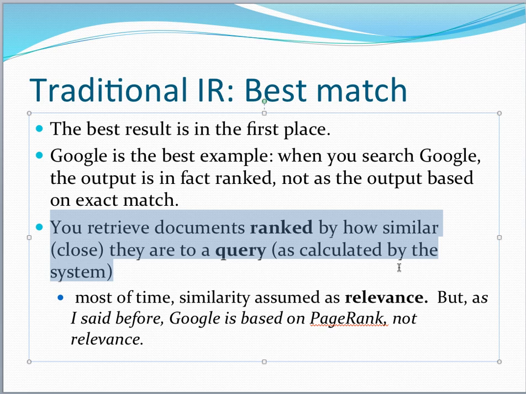Most of the time, similarity is assumed as relevance, but as I said before, Google is based on page rank, not relevance. So when you search Google, the assumption is that similarity is relevance. But again, and it is stated here, Google is based on page rank and non-relevance. And what is interesting is that we don't know the algorithm.